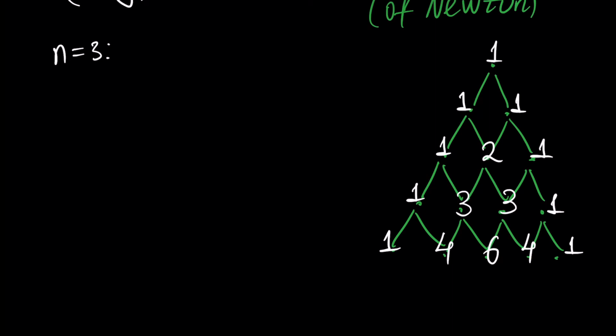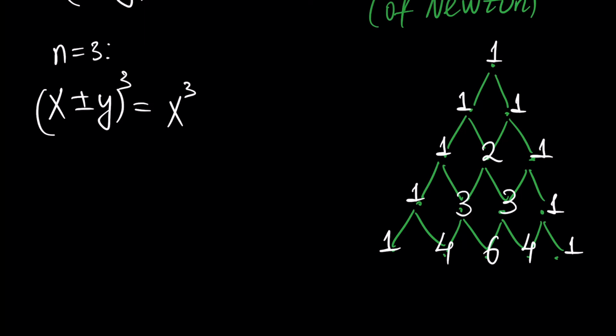This triangle is used to write the shortcut multiplication formula, for example, x plus-minus y to the power 3. And first of all, we write x to the power 3.